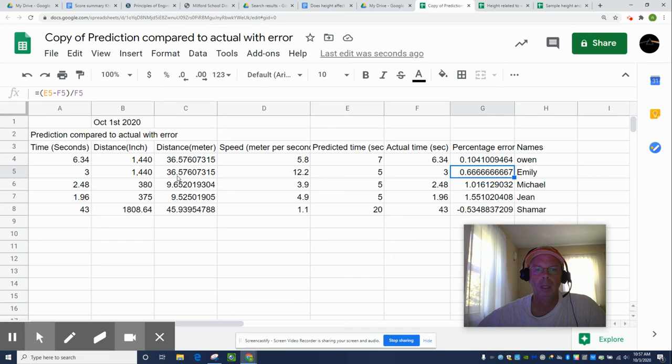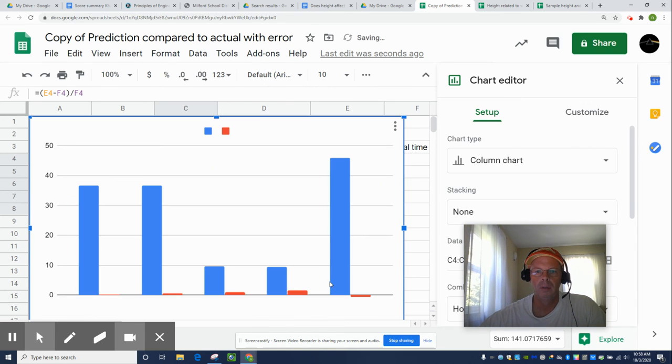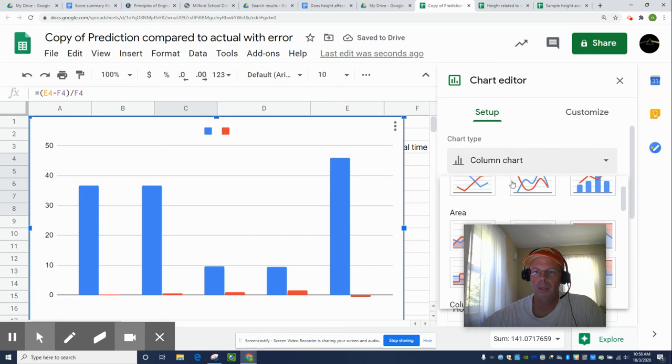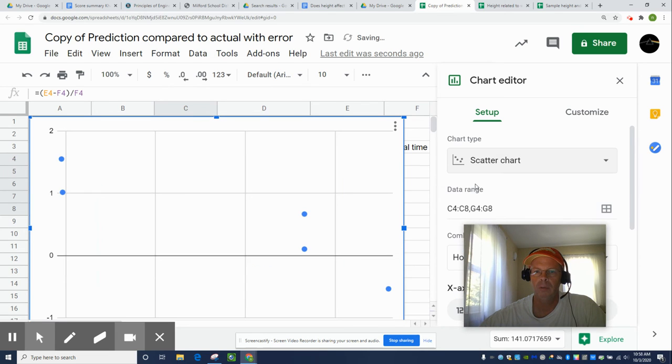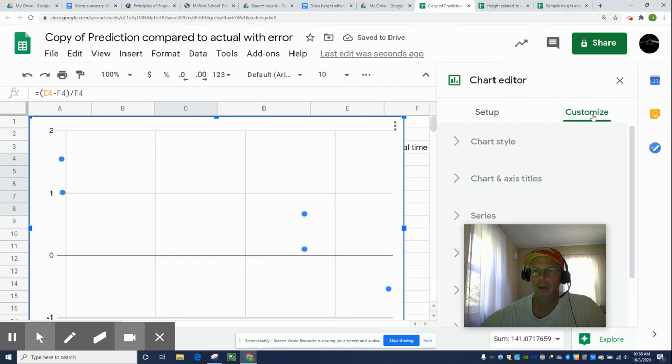Okay, so let's see, how does the distance the person moved affect the percentage error? So we highlight X, highlight Y, insert chart, and click on column, and we're going to change it to scatterplot. Let's label the chart and axis titles.